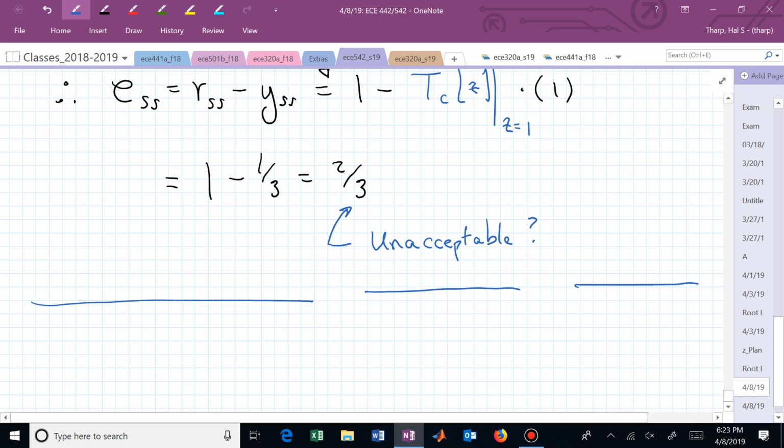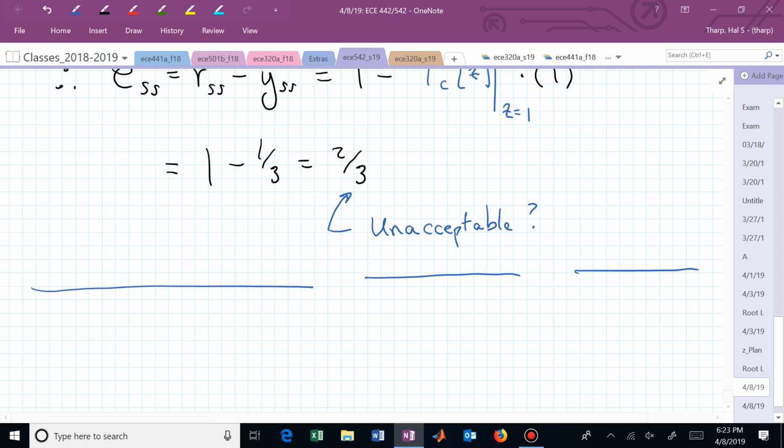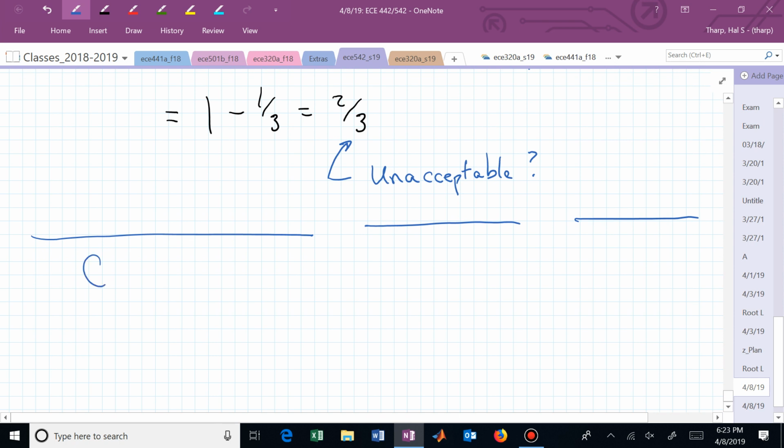Well, now I may want to pull in my open loop gain, the product of the controller with the plant. I want there to be a pole at z equal to 1. And to get that, I'm going to have to change the controller structure because I can't change the plant. The plant was just 1 over z. So now I'm going to change the controller structure to maybe improve steady state behavior.